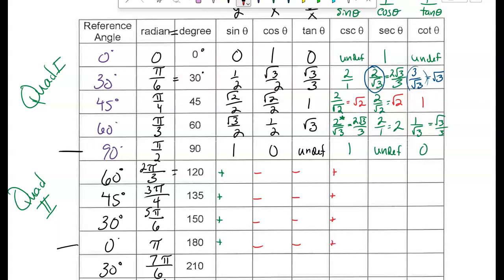Guess what secant and cotangent are both going to be? Negative. And we know those are both negative. Okay, friends. Should I be able to pull in my information now to go with this? So think about this. 2 pi over 3. What's my reference angle? 60. So all I do is take this row, and where do I put it?